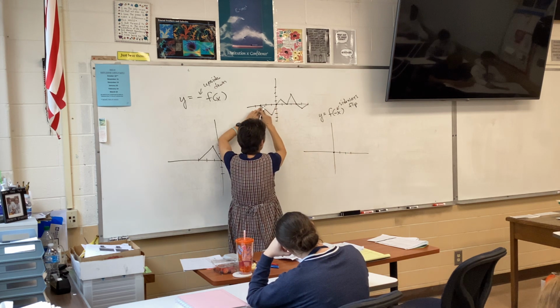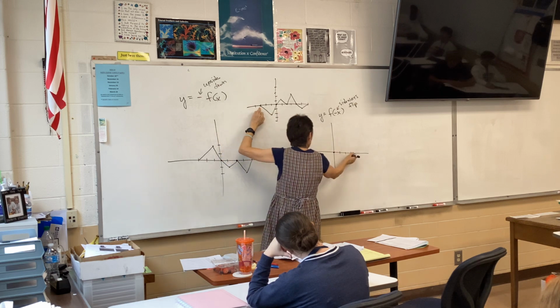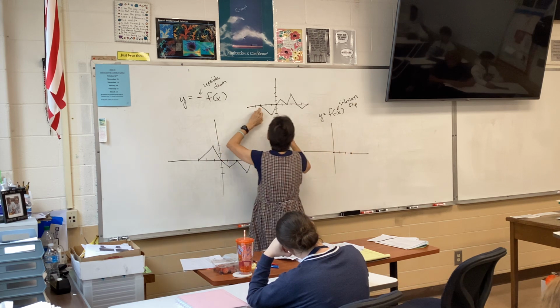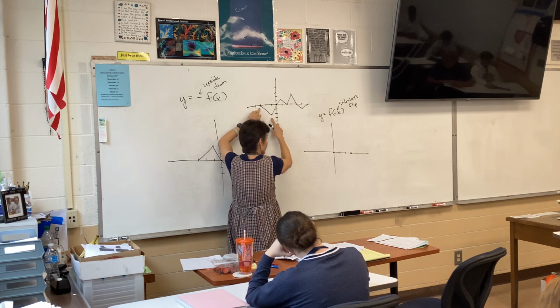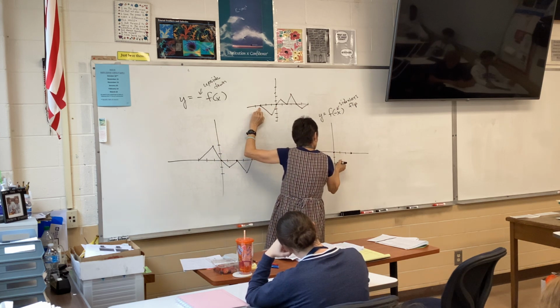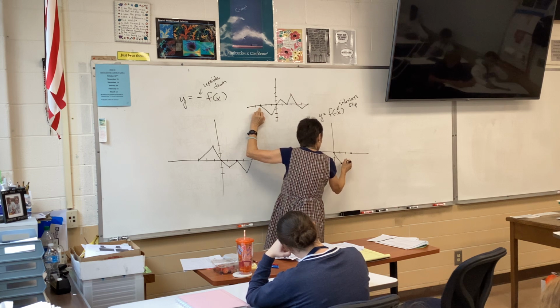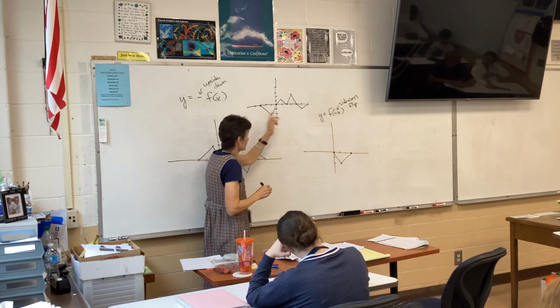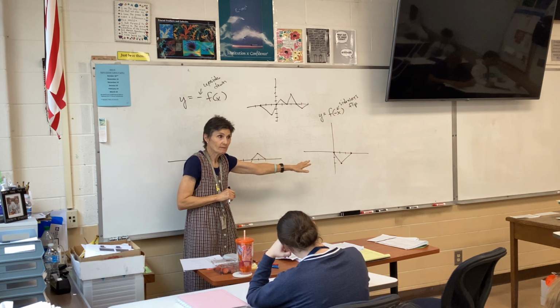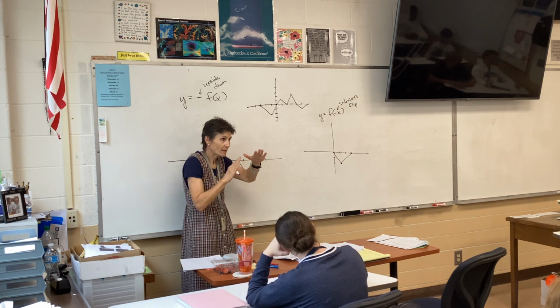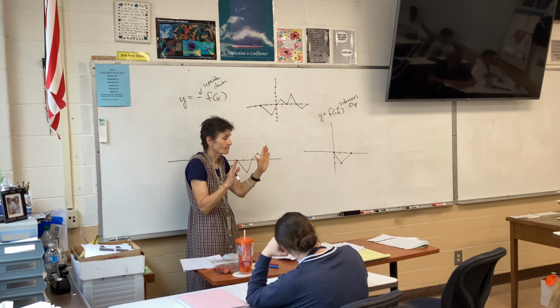So instead of being over -3, that point's gonna be over +3. Instead of being left 1, down 2, it's gonna be right 1, down 2. And there's that triangle now on the right side of the picture. See what I'm doing? Be careful and organized, it's not hard.